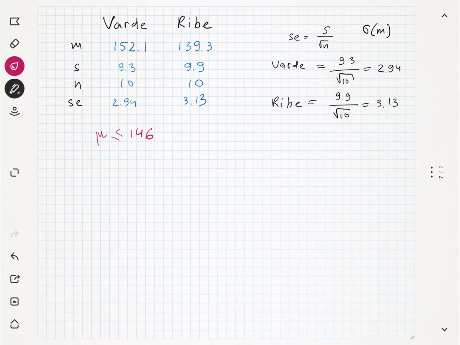We use the t-values for that. So let's calculate the t-value for Wade. We take 152.1 minus 146, and then it's over the standard error, which we already know. It will be 2.94.